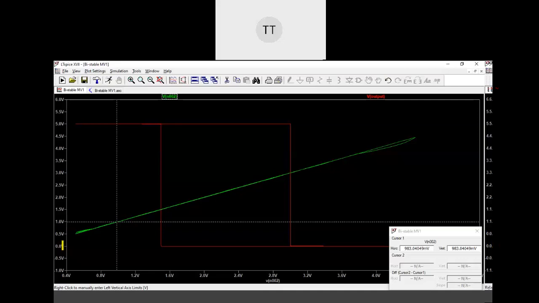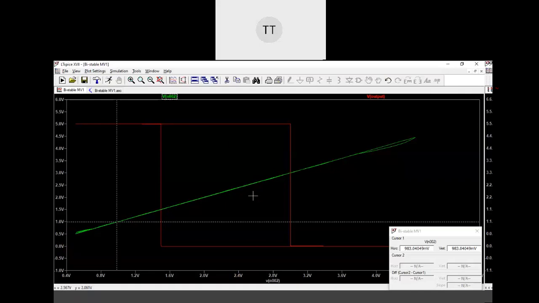Input on the x axis, input on the y axis. You can see this is the y axis parameter and this is the x axis parameter. So V(N002) is on both the x and y axis. They are the same, that's why it's a straight line.